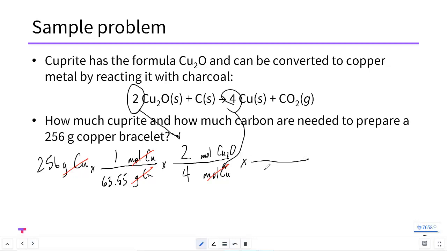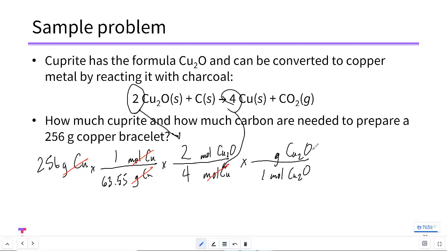Last step, I need to turn the moles of cuprite into grams. All right. A common mistake made here is trying to put the coefficient in this step. We don't need the coefficient in this step. We're just doing a molar mass conversion. Molar mass conversions are 1 mole.